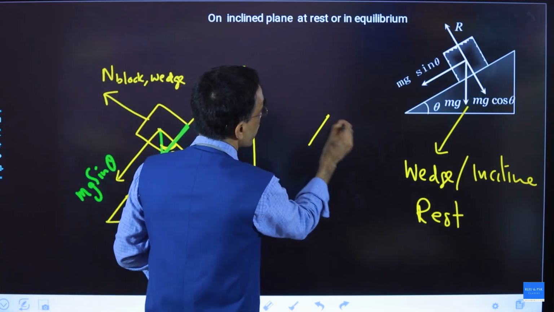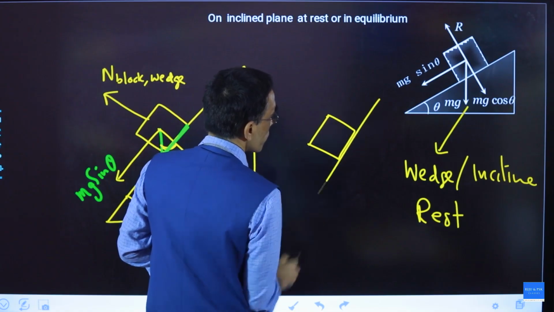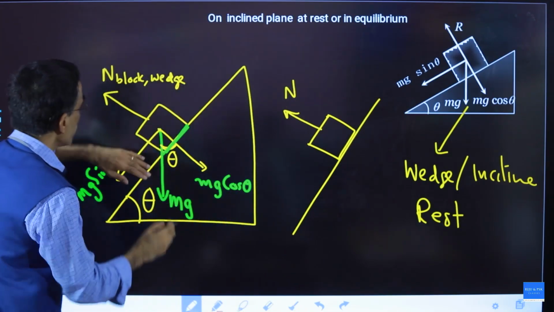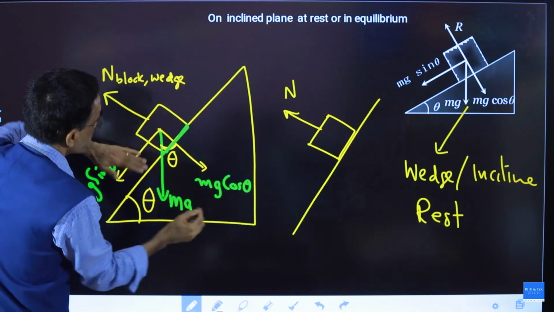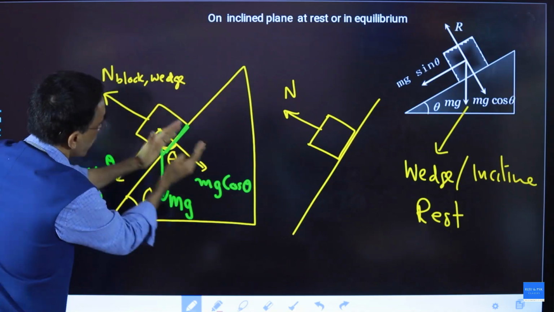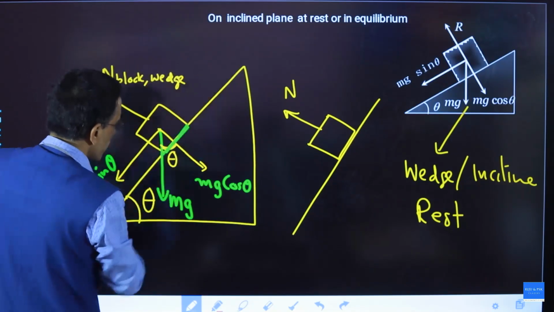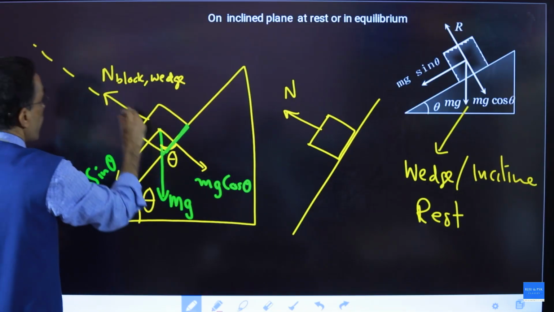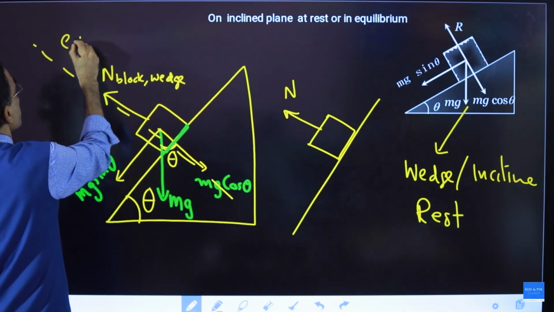So, if I consider the block, then from the surface there is a force, and how much is that force? You can see that if you look in this direction, the body does not go up or down. It may be moving in this direction, but not in this direction. So along this direction it is in equilibrium.